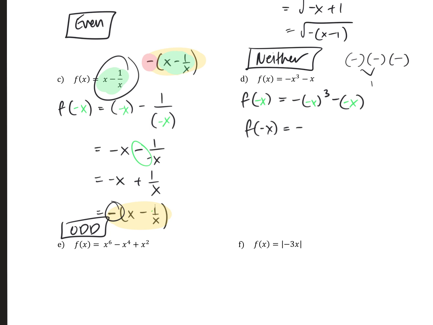So while that might become a positive, there's still a negative. So positive times positive times the negative is going to be a negative. So my outcome's still going to be a negative. So that'll be negative x cubed. And then we have the double negative there. It's going to be positive x. So this is going to equal, those two we're going to multiply together and give me a positive. So that'll be x cubed plus x.